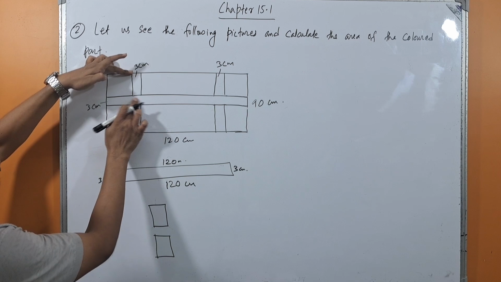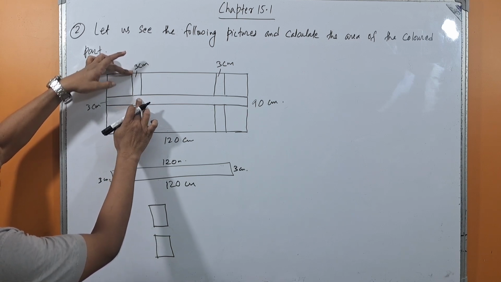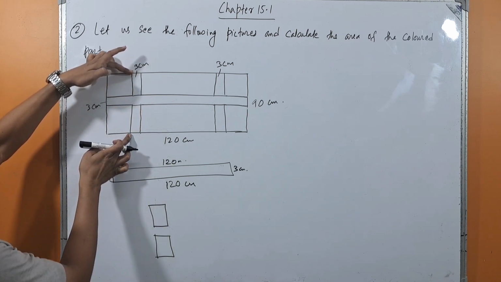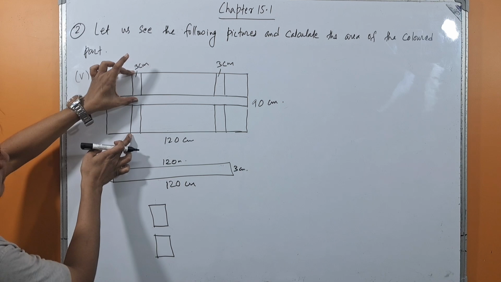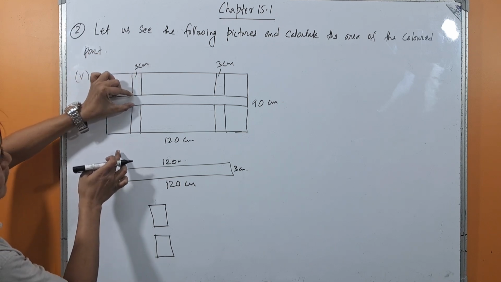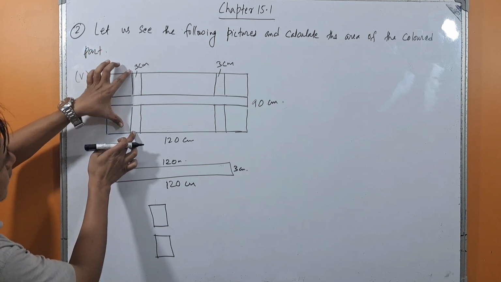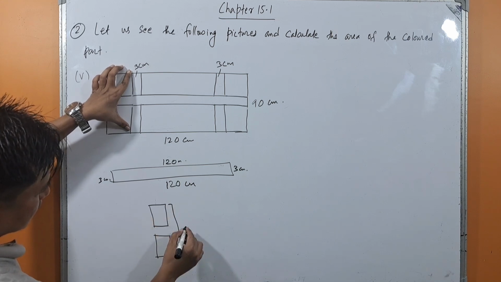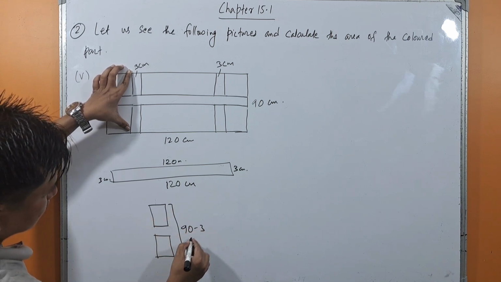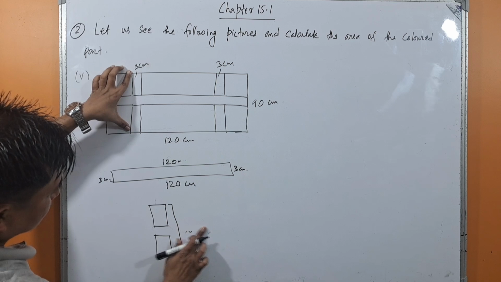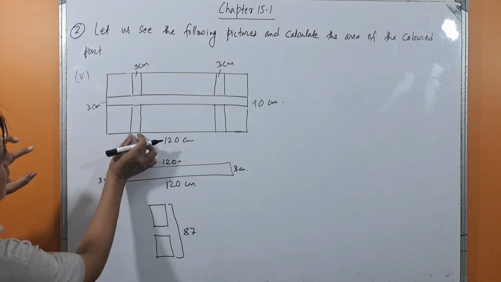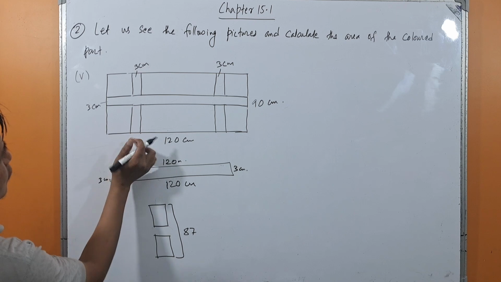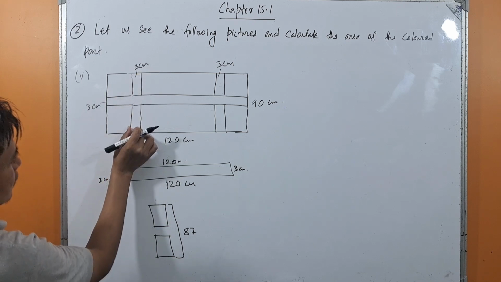Total length was 90 centimeter, we subtract 3 centimeter. 90 minus 3, so the length of this rectangle is 87, and breadth is 3 centimeter.